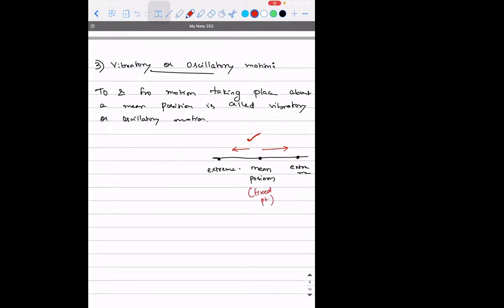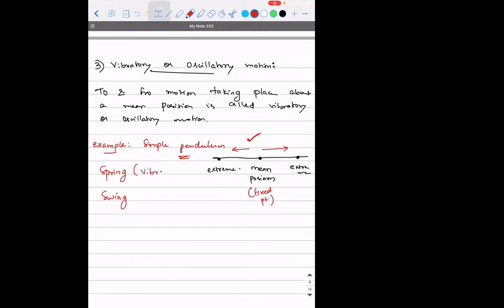What is the example for this? The best example is a swing. Spring is also an example.